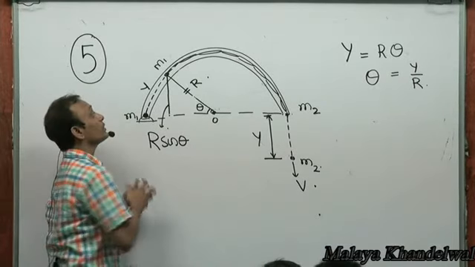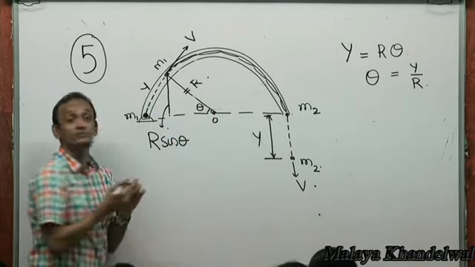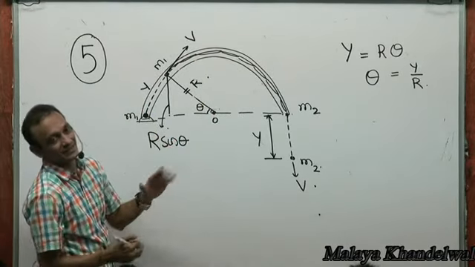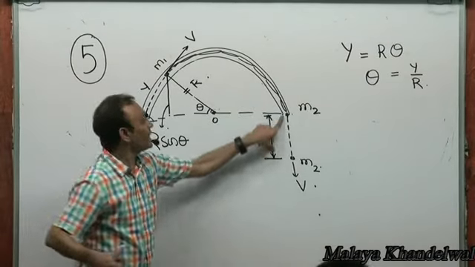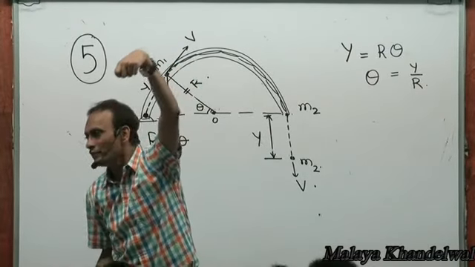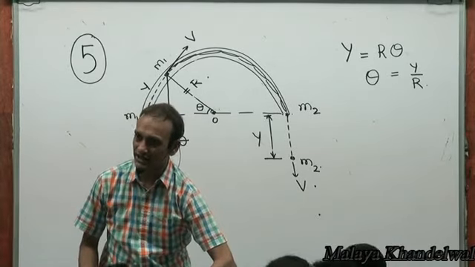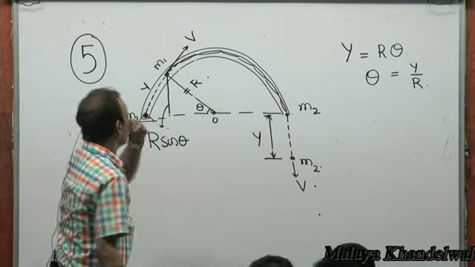This is the other end of the string. So do you realize that m1 would have developed the same speed v? Why? String constraint. The ends of the string must have the same speeds. Otherwise the string length will change. That's a string consideration again. Clear?